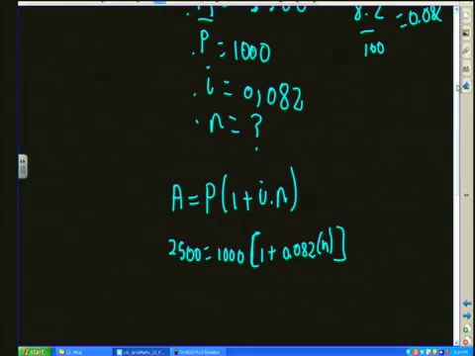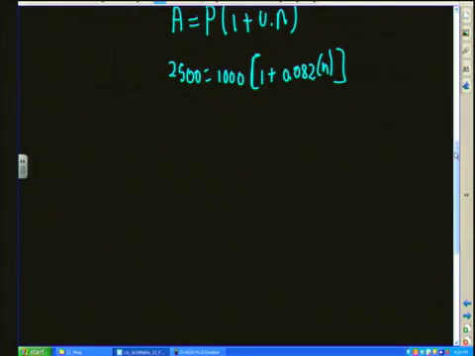Okay, so once again, we strip away from all the n, we get rid of all the other values, and let's get n by itself. So the first thing I'm going to do is divide both sides by 1,000. So it's 2,500 divided by 1,000.